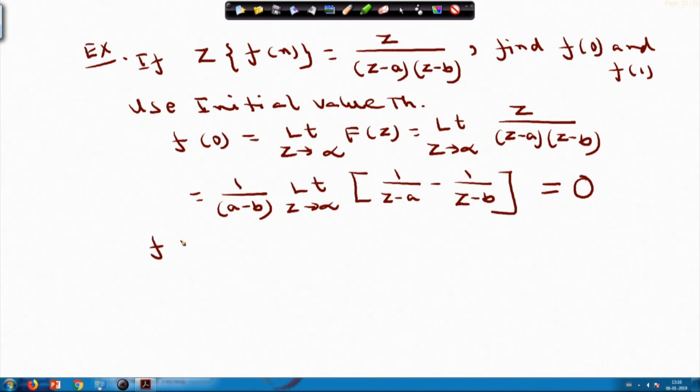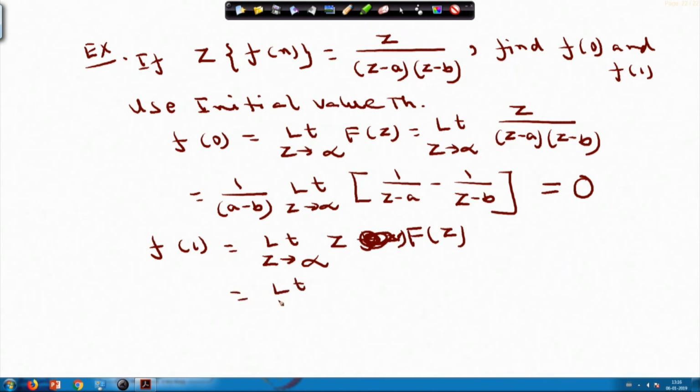Similarly, I know that f 1 is limit z approaches infinity of z F z. Sorry, this is not small f z, but this is z into capital F z. So, this equals limit z approaches infinity, if I substitute the value, z square by (z minus a) into (z minus b).